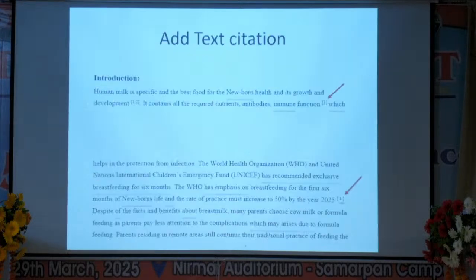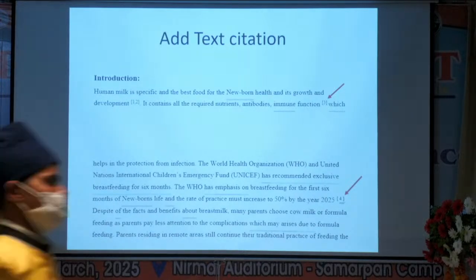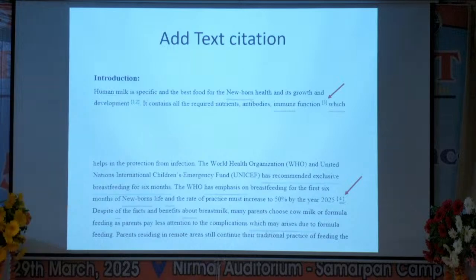So this is how you have to add a text citation. This is a text citation. When you're writing an assignment, if you have taken some content from a Google page, or somebody has published a paper and you have got content from that, then you need to give a citation from where you took it, from whose article you took it.